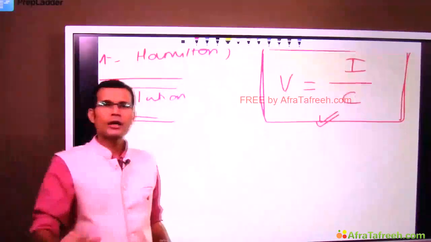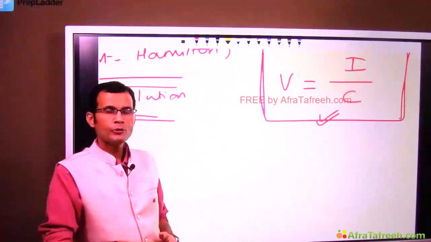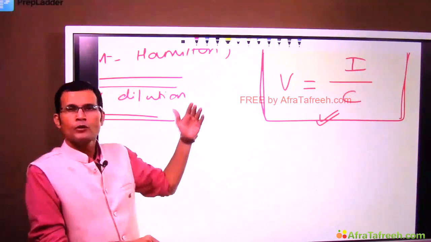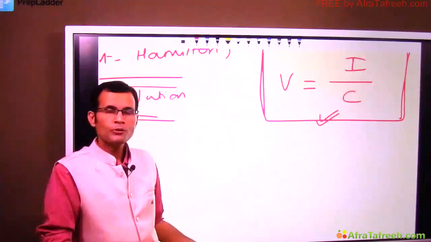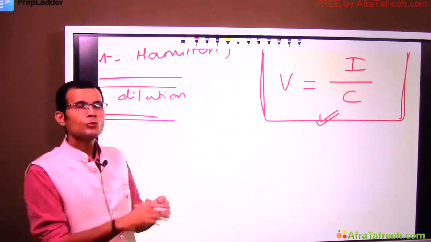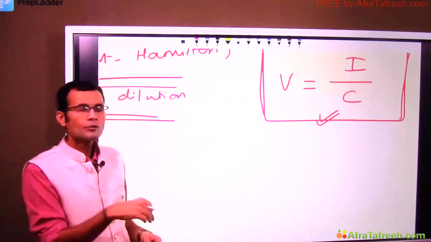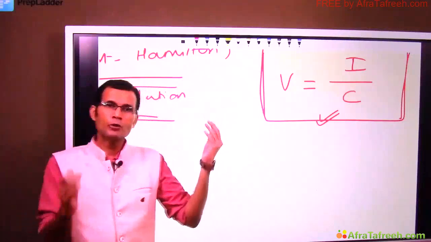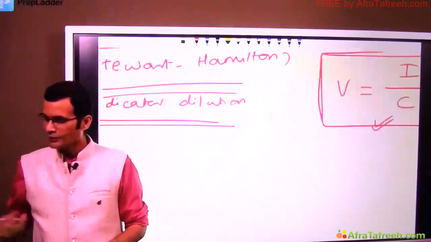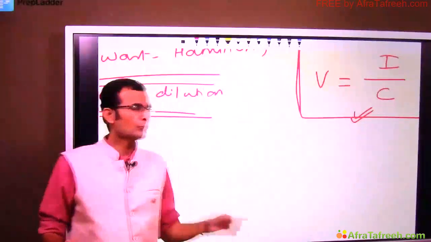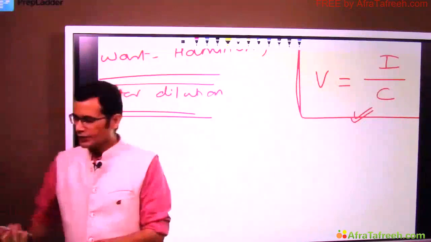The options given are: falsely high cardiac output and ECF volume will be measured; falsely low ECF volume and cardiac output will be measured; no change in the ECF volume, no change in the cardiac output; or increased ECF volume and decreased cardiac output. These were the options given, and let me tell you the answer. There will be no change in the cardiac output, no change in the ECF volume measurement. Yes. Why? We will see it just now.